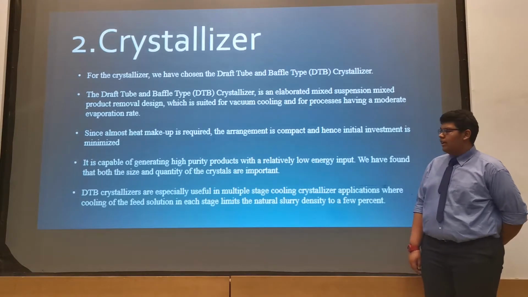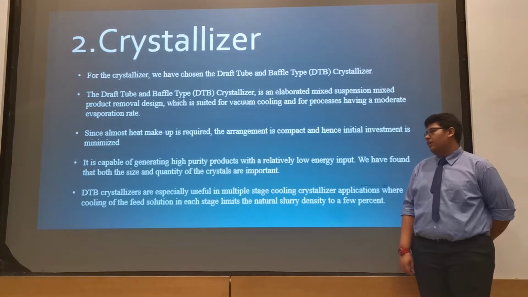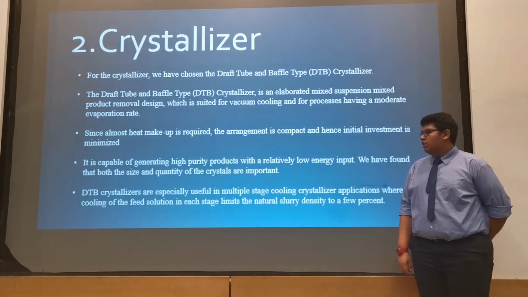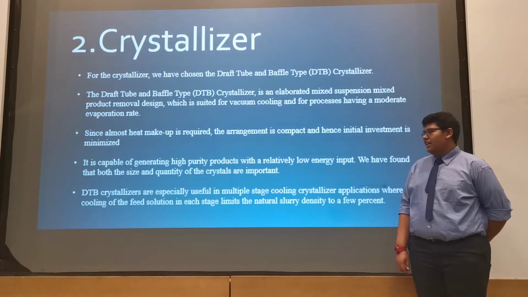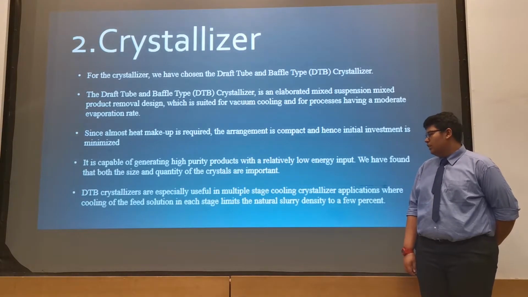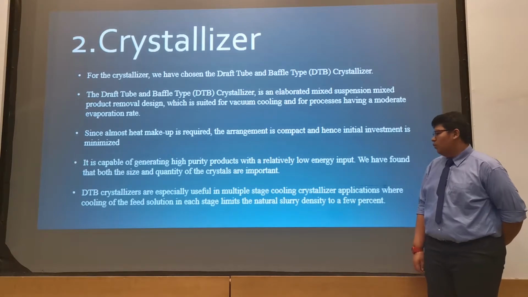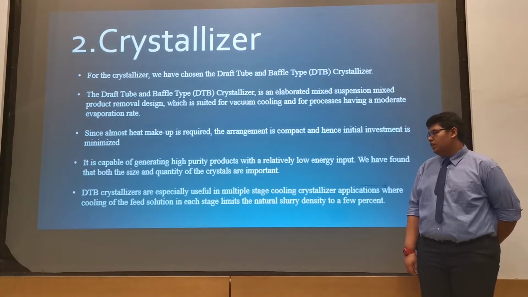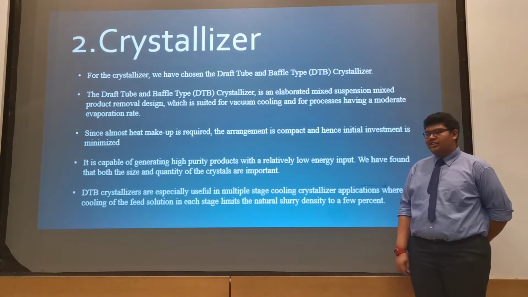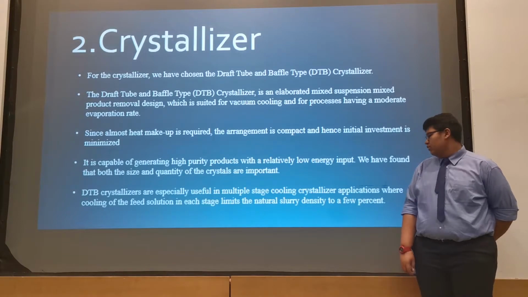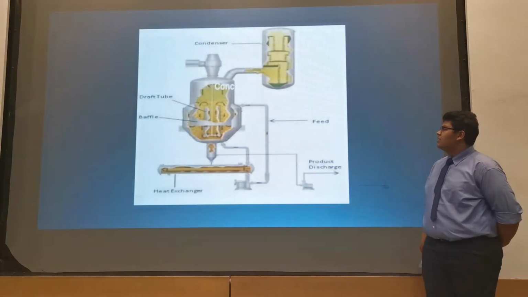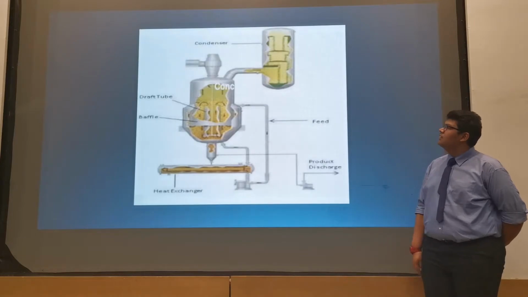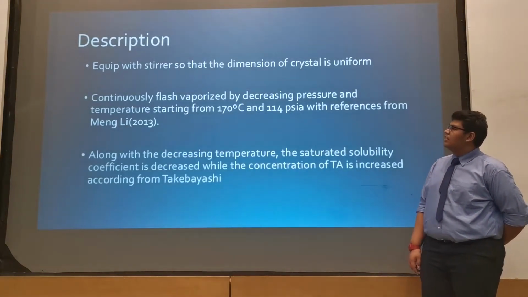We have found that both the size and the quantity of the crystals are very important. DTB crystallizers are especially useful in multiple stage cooling crystallizer applications, where cooling of the feed solution in each stage limits the natural slurry density to a few percent. This is the image of a crystallizer.